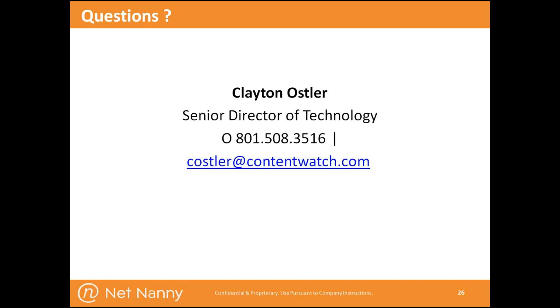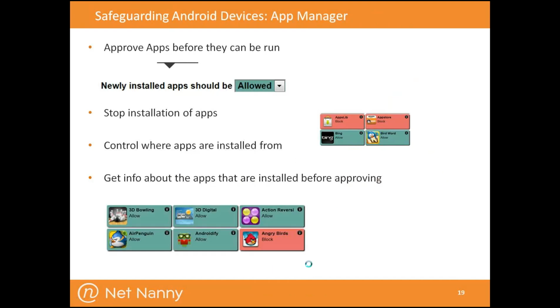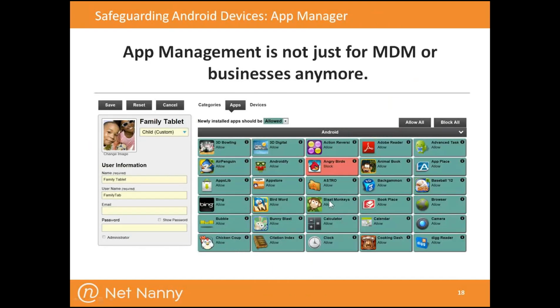Another question I had here was, what if there's a bad app installed on my device? How can I get it removed with NetNanny? In the case of NetNanny, it does not have the ability to remove the app, but you can go into the app manager, and I'll jump back to that picture so you can get an idea of what it looks like. Just click on the app. Let's say Blast Monkeys we find out is bad.